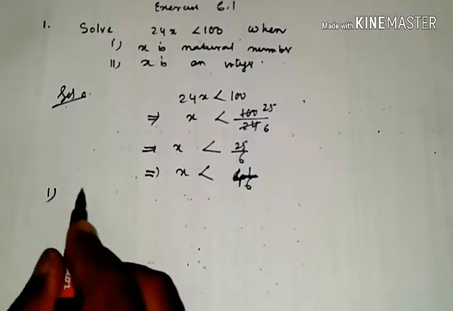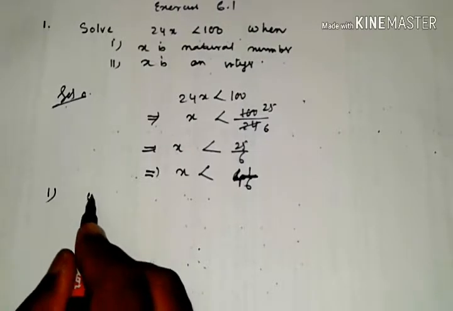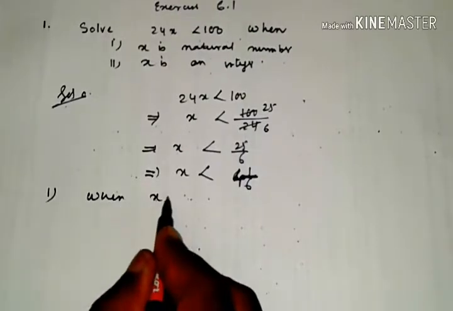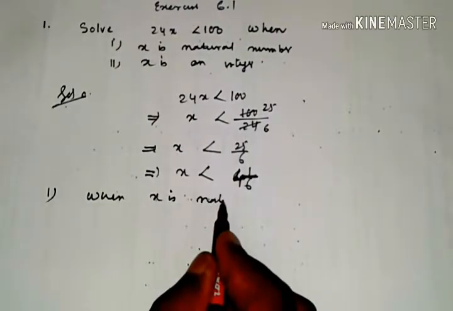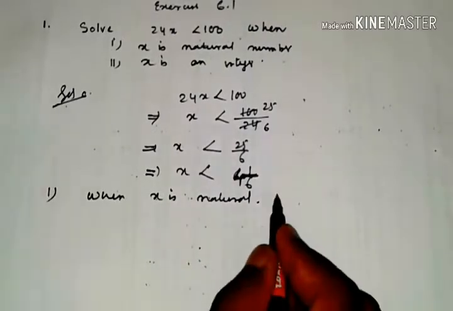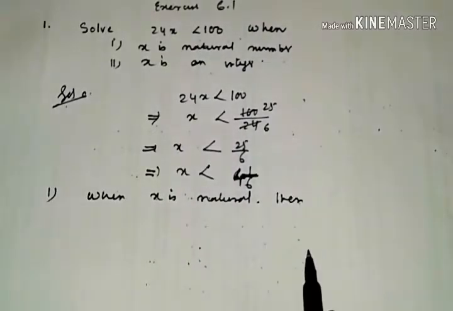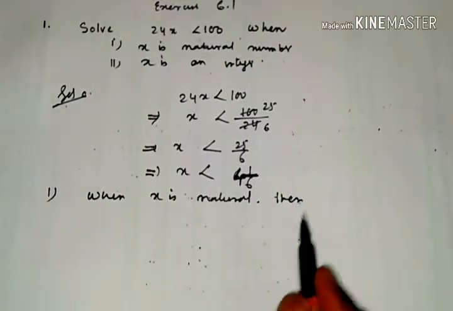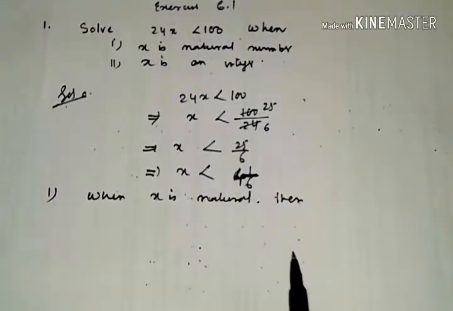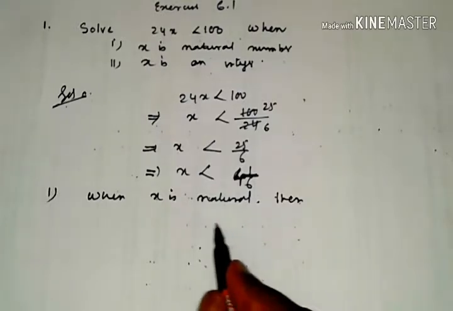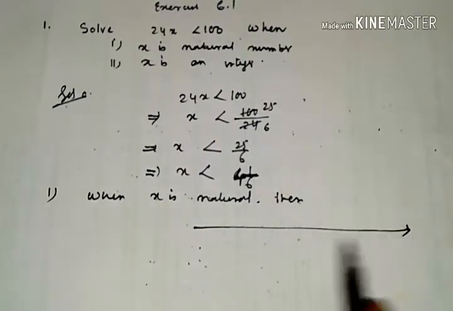Now, when x is a natural number, then what is the value of x? We can easily find it out with the help of the number line.